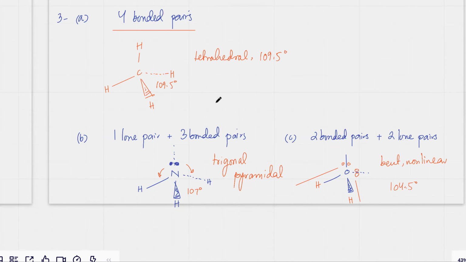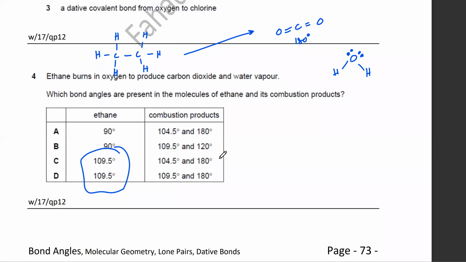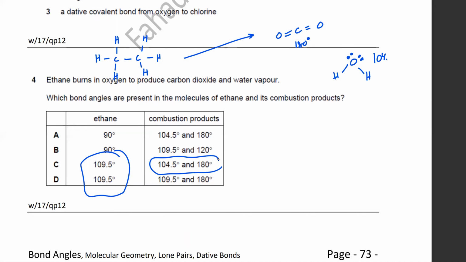So instead of being 109.5, the angle would be 104.5 degrees. So 2 bonded pairs and 2 lone pairs, the angle is 104.5. So the correct answer would be this one. Over here it's 104.5, and on the top it's 180 degrees.